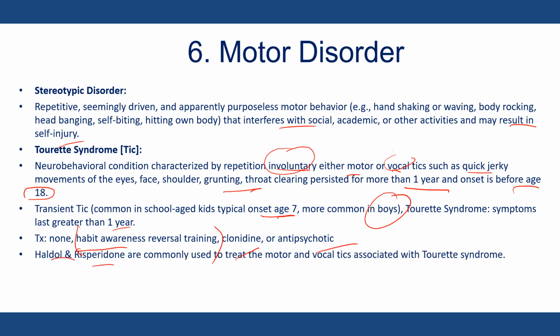Haldol and risperidone are commonly used to treat these symptoms. And make sure we rule out some other issues such as cocaine use and Huntington disease. We'll talk about this later on in other lectures.